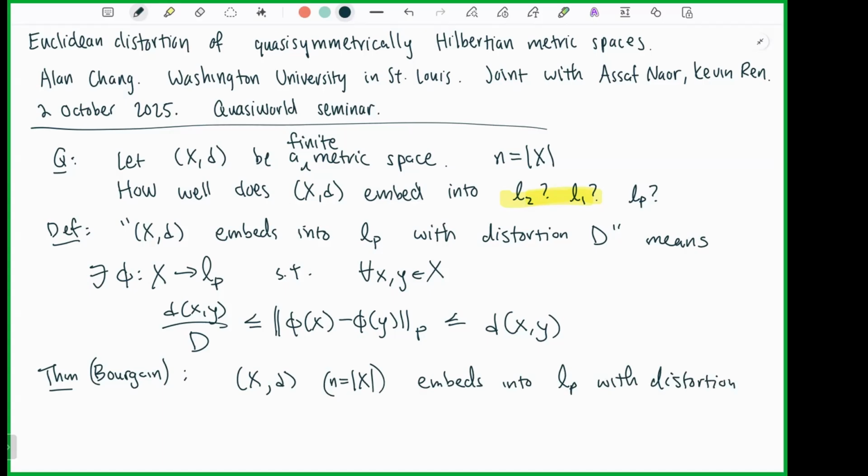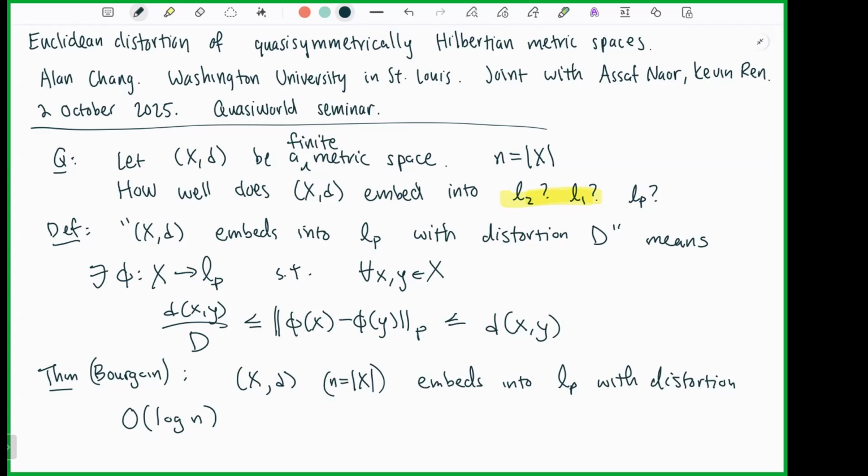The larger the space is, the worse things can be. But everything's finite, so there's always at least one bi-Lipschitz embedding. The distortion goes to infinity as n goes to infinity, but the rate at which it goes to infinity is bounded by a constant times log n. So this is this fundamental result.